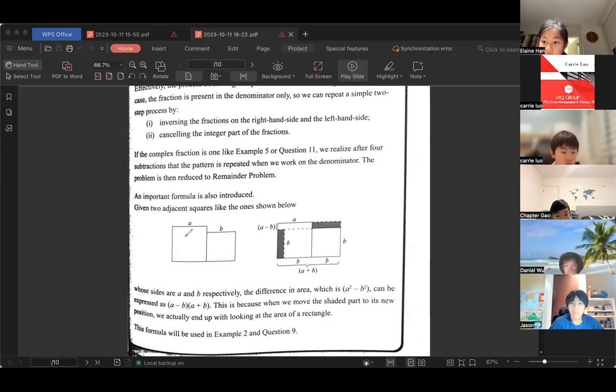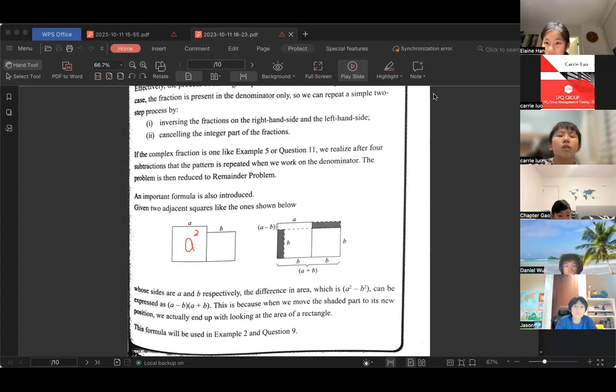We all know how to calculate the area of a square. Am I right? Yes. So how to calculate the area of a square? Side times side. Let's take a look at this one.